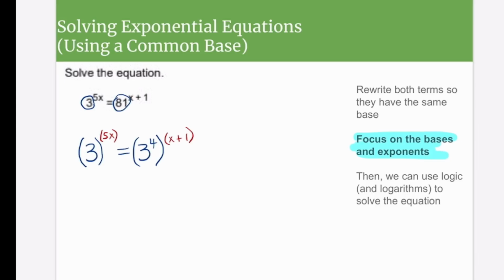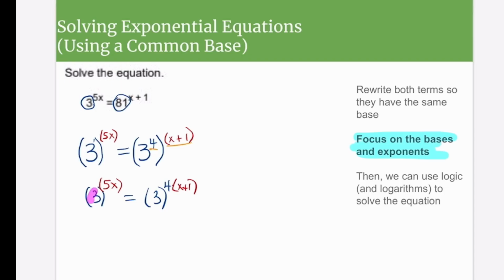So, rules of exponents. Our base, 3, has a power of 1, so our exponent is just going to stay as 5x. On the right side, however, we have 3, and now we have two exponents. We have an exponent of 4, and then another exponent of x plus 1. So that's a power to a power. Whenever you have a power to a power, you need to multiply those exponents.